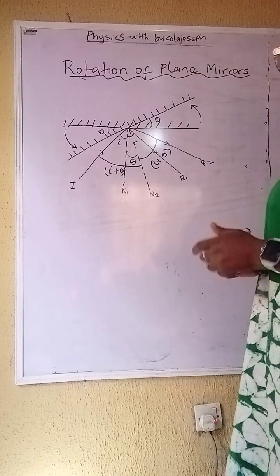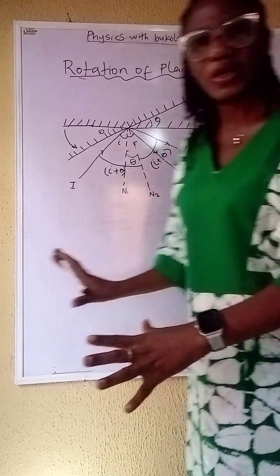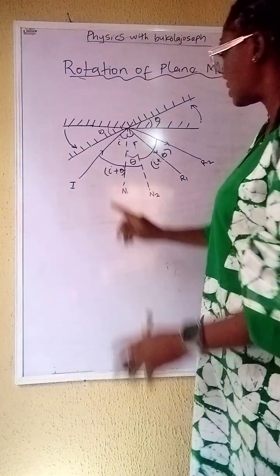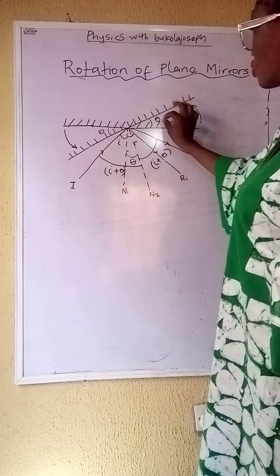Now let me quickly summarize the information from what you are seeing on the board. The mirror is rotated through an angle theta.